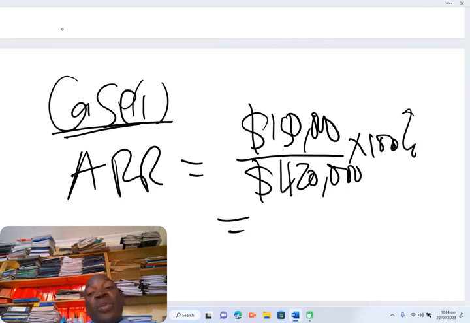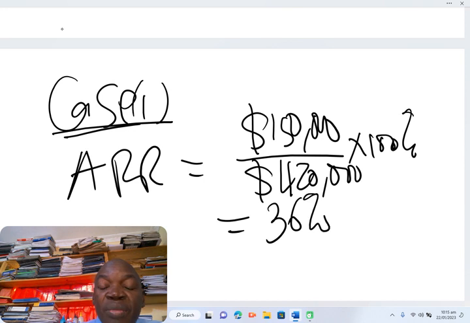If you use the first assumption, that the initial investment equals the average investment, then divided by 420, 150 divided by 420 is 36%.